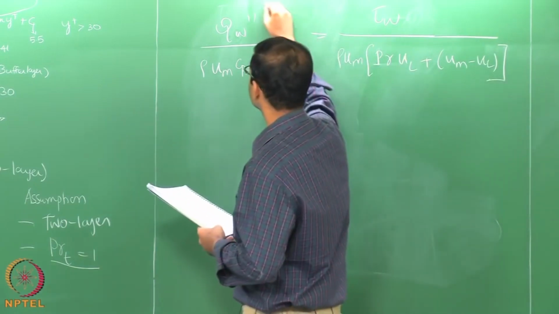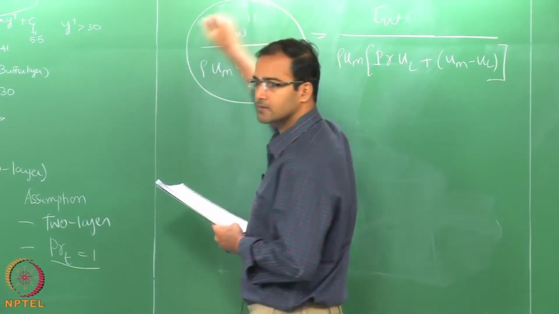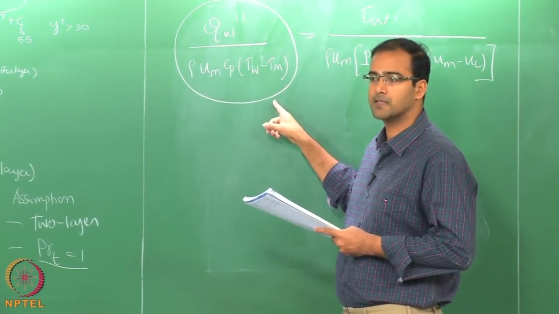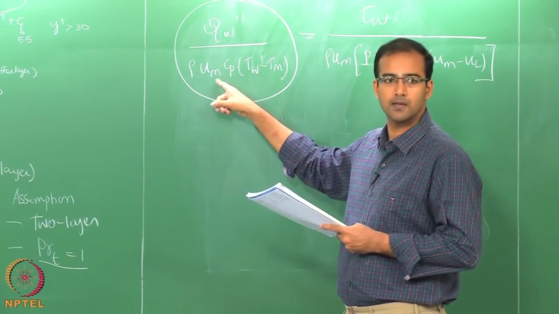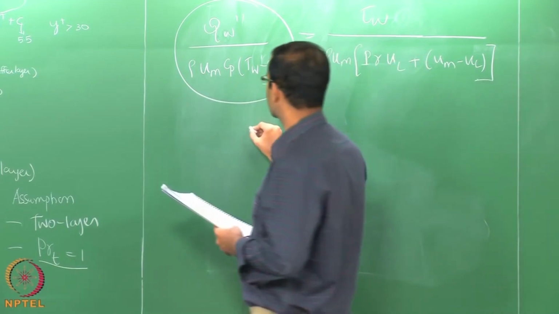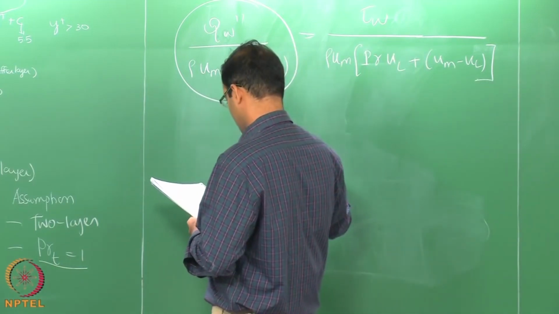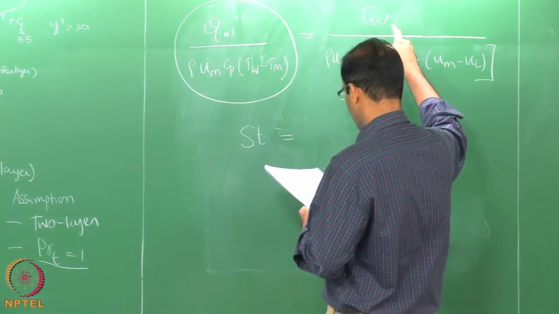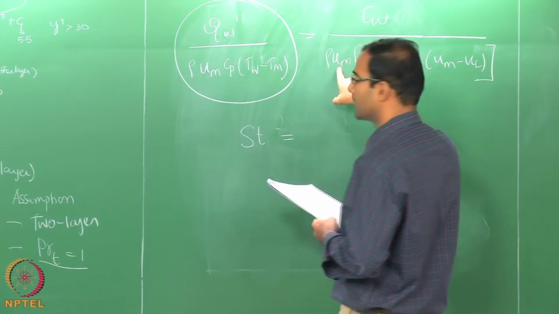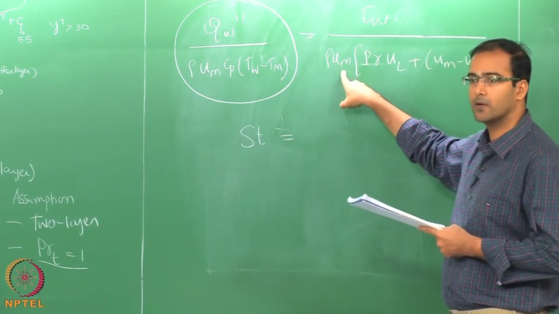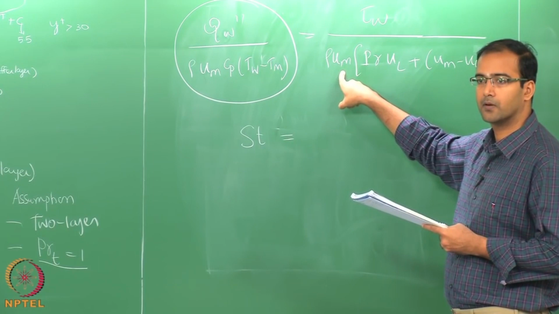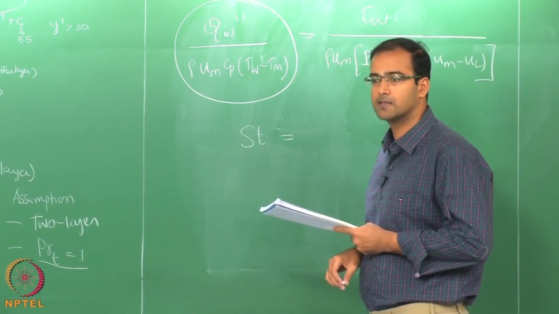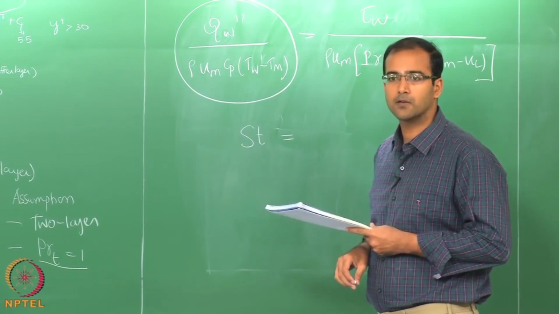So, now this entire term here is Stanton number. So, q wall by T wall minus Tm is h divided by rho Cp Um. Okay. So, your Stanton number therefore is equal to, now what I am going to do is multiply and divide by tau wall by rho square. So, this is nothing but your Cf by 2.